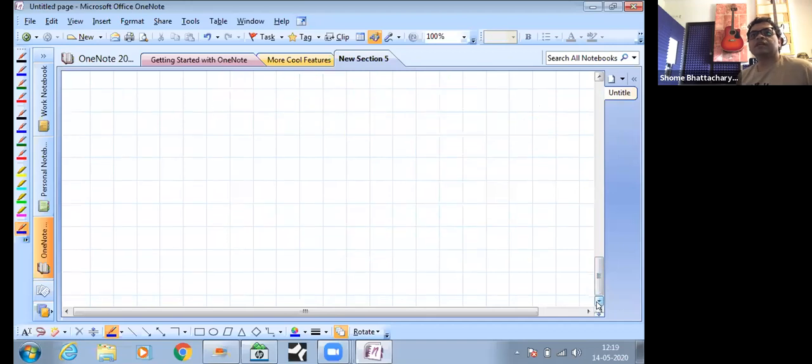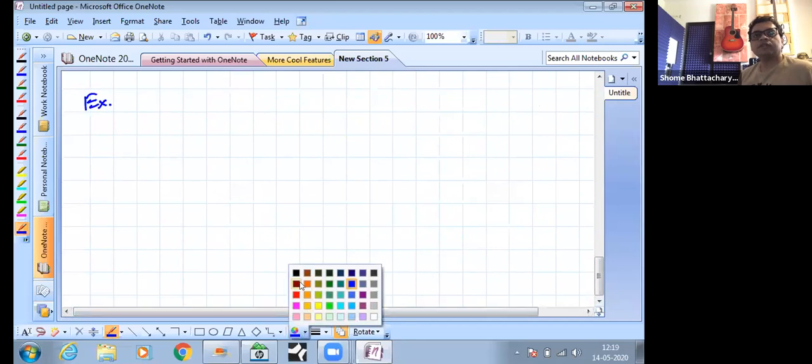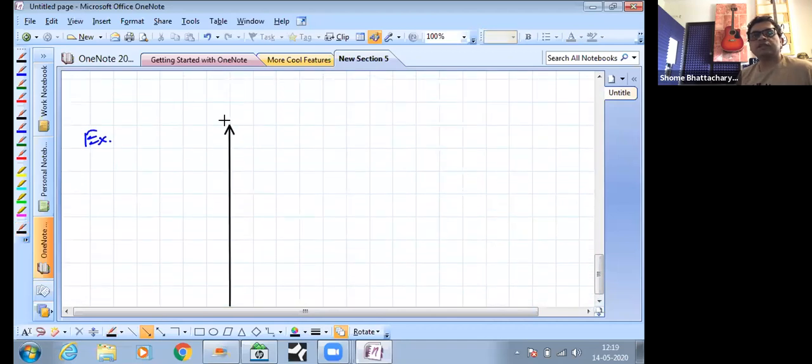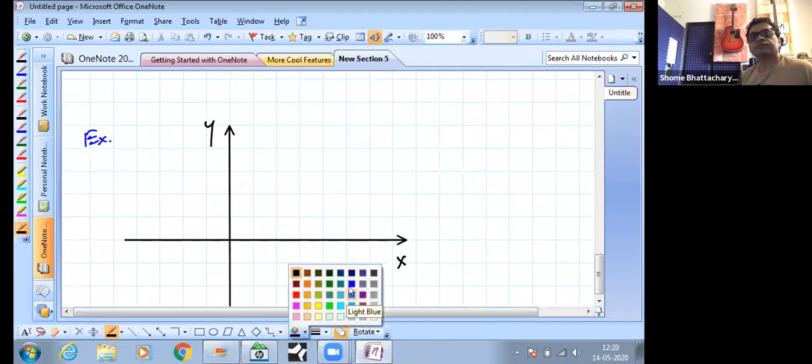Okay, so let's start with a couple of questions which are again just the basic application of components to convert a given vector into component form. So I'm going to give you a few vectors which are randomly drawn like this in the xy plane, and we have to express them in component form. So let's start with, suppose a vector E is given like this.